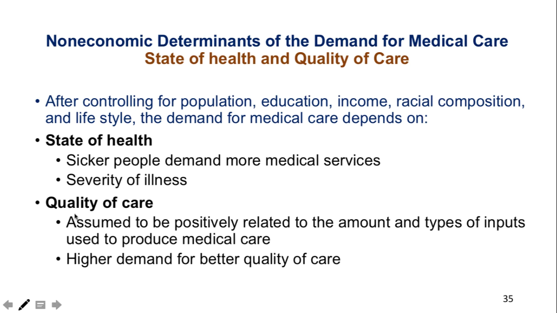Besides that, the quality of care is very important too. A study shows that when people are happy with the quality of care, they demand more than when they are not happy. So there is higher demand for better quality of care.